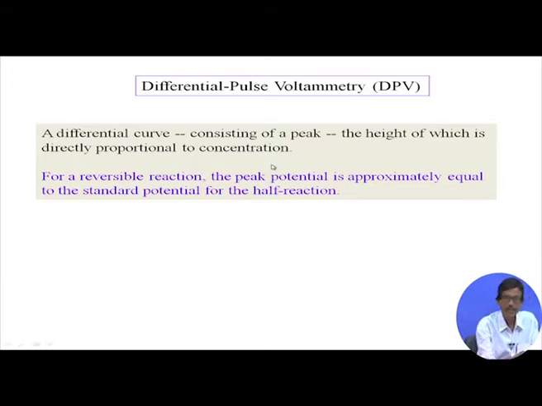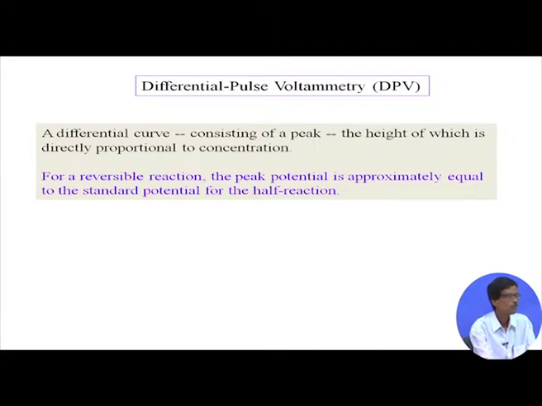The DPV technique is very similar to the cyclic voltammetric technique, because you do not need any special arrangement for your electrodes. The same electrode we use for cyclic voltammetric measurement can also be used for differential pulse voltammetric measurements.